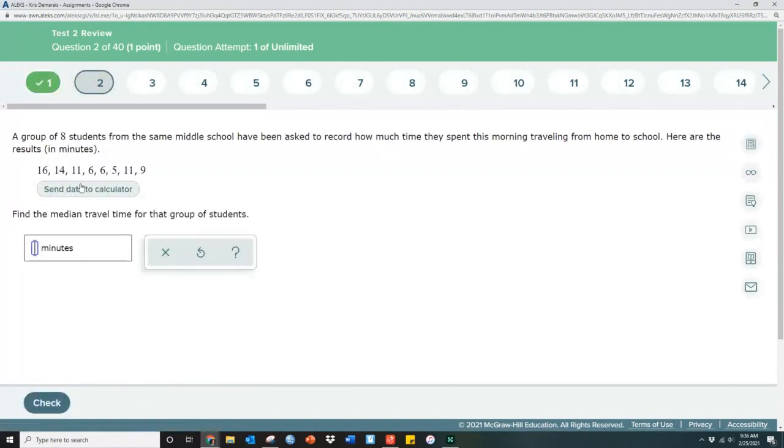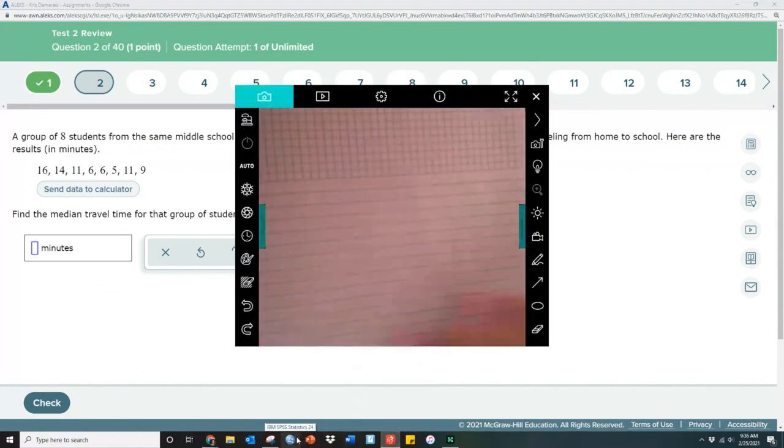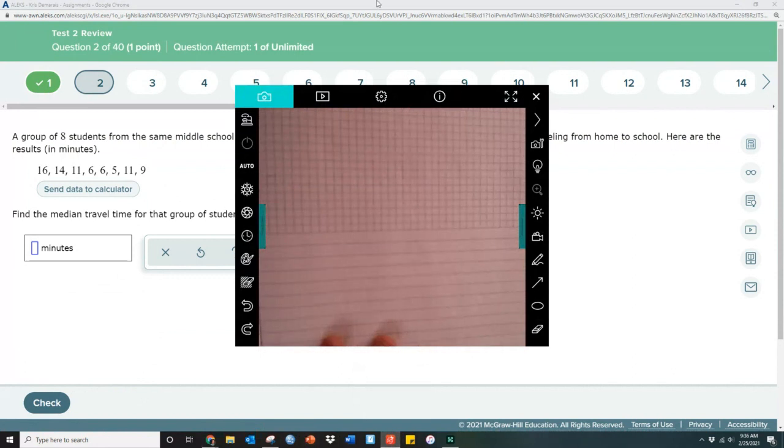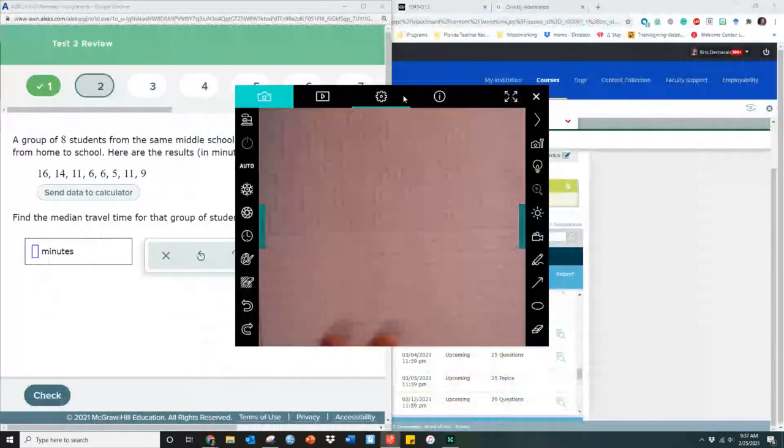All right, now median. You can't send this one to the calculator, because the way this works is you have to put in an order from least to greatest. So we're going to do that. All right, so let me go ahead and half this and put this here.